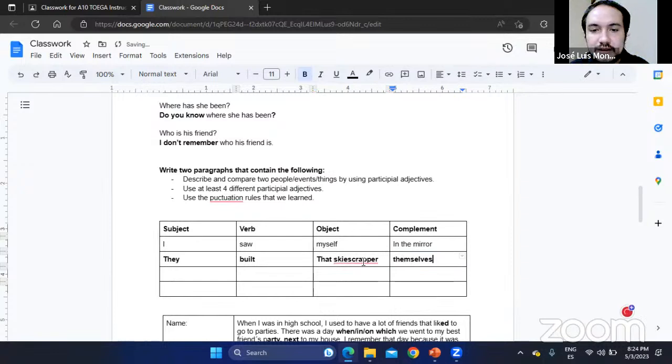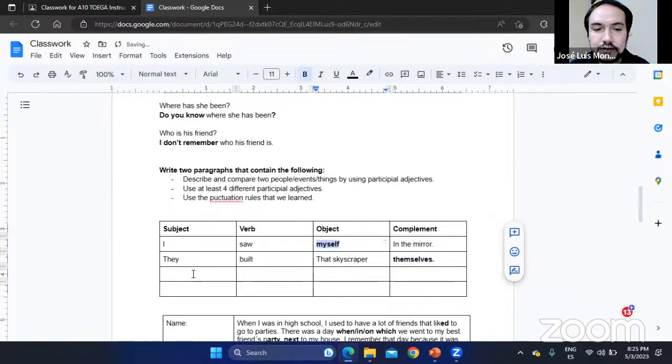All right, and again, it's impressive because it's a very massive building, and that's why we believe that's impressive, that only they were able to build that impressive building themselves. All right, we don't mean alone, we are just saying that they did it. Now, this is number two.